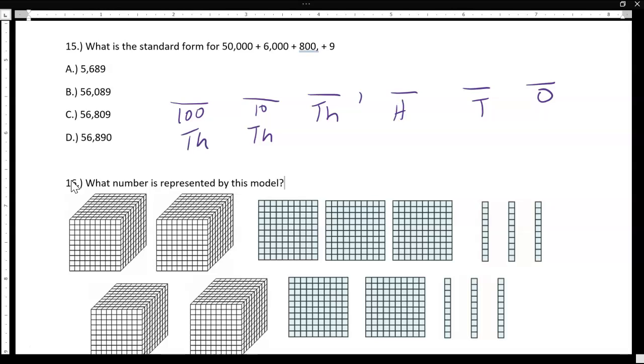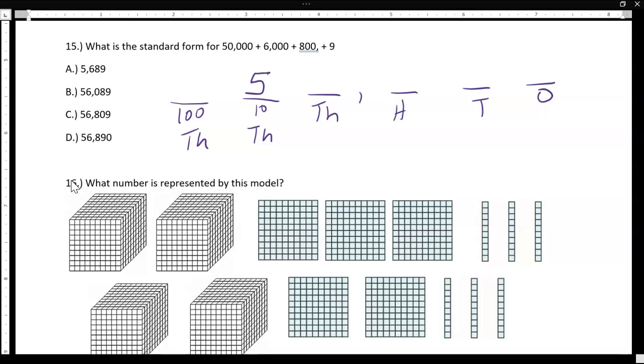Now, looking at this, do I have any 100,000s? No. Do I need to put a 0 there? No, you don't have to. How many 10,000s do I have? 5.